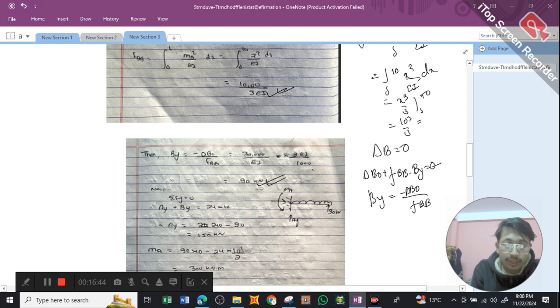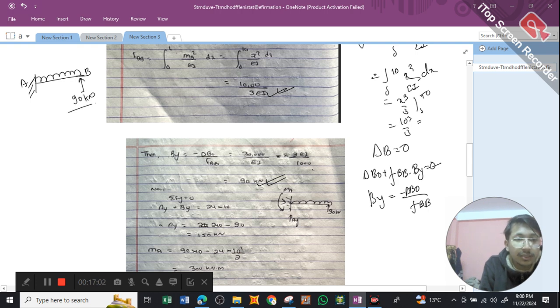So what does this mean? When we remove the roller support from point B, we need to provide an upward force of 90 kilonewton. We had taken the direction of BY as upward, so our value of BY will be 90 kilonewton.